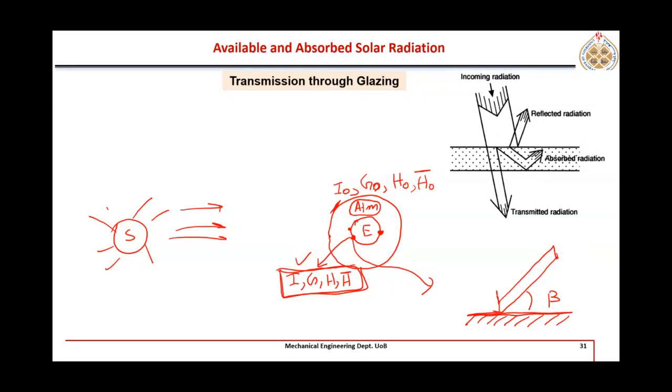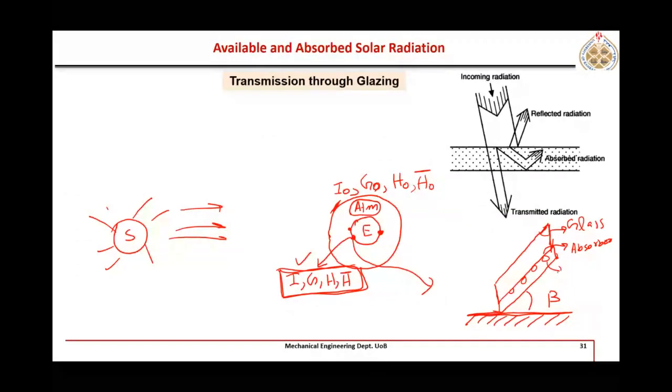This collector normally consists of a glass cover or glazing. Then you have a metal sheet, and there are pipes welded in it. Every solar thermal collector, whether it's flat plate, evacuated tube, or concentrated type, has these basic components: glazing or glass, then the absorber plate, and behind this absorber plate there are tubes or passages in which fluid is flowing.